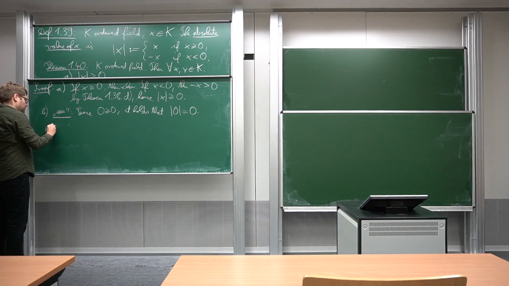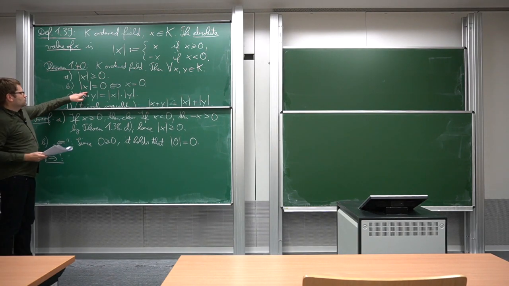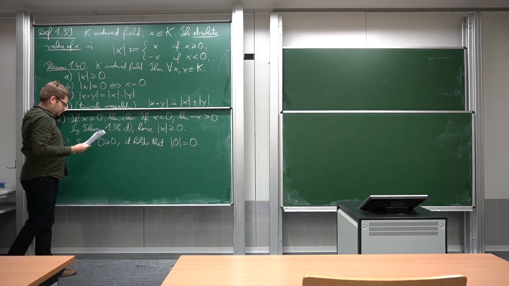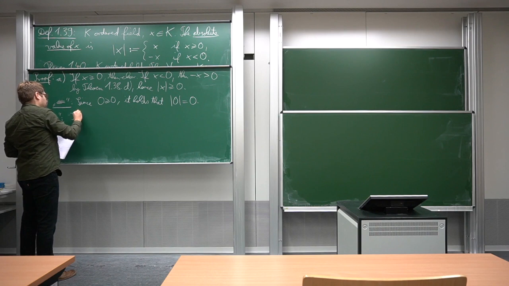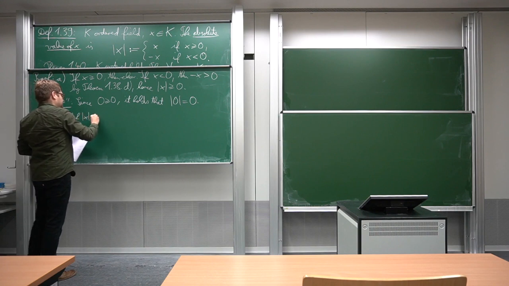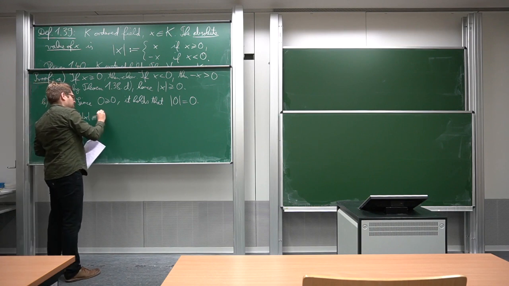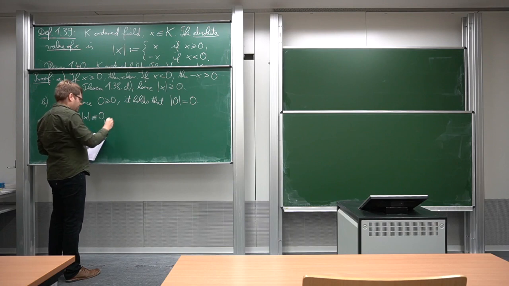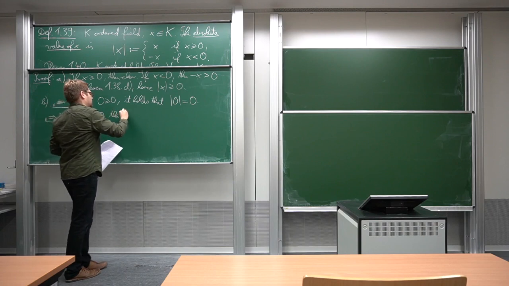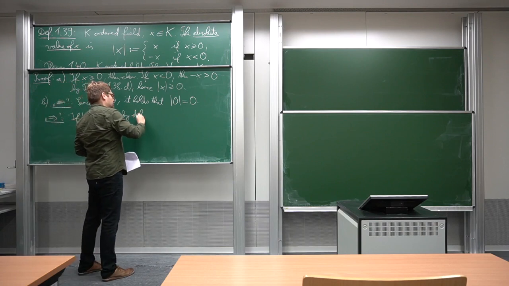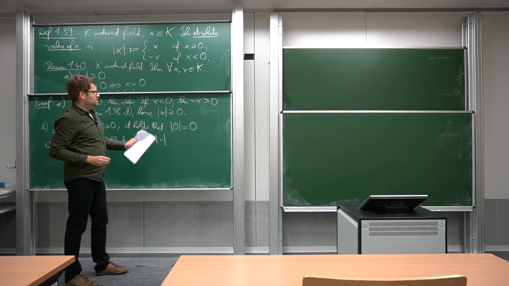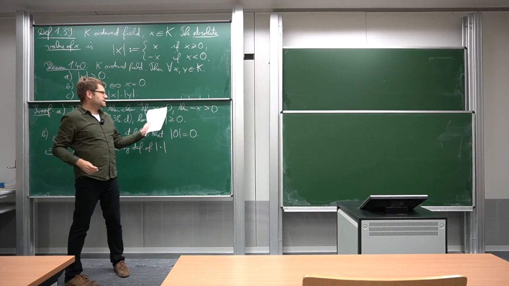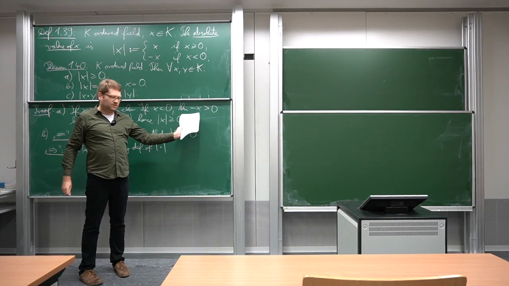Now we take the other one. We assume that the absolute value of a number is 0 and want to derive that x itself must then already be 0. So if the absolute value of x is 0, then by definition of the absolute value, we know that if x was negative, then, as we just mentioned in part A, the value would be strictly positive.